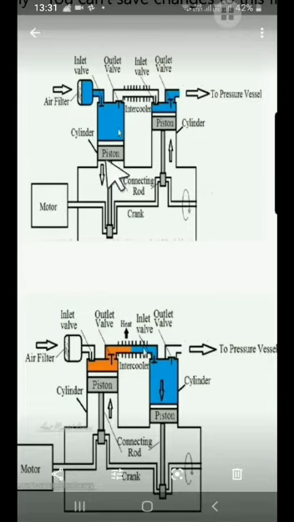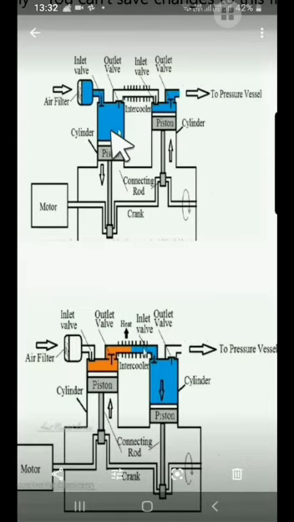The next stroke is the compression stroke. The piston rises up and the air inside the cylinder gets compressed adiabatically. Adiabatic compression increases the pressure and temperature of the air inside the cylinder.